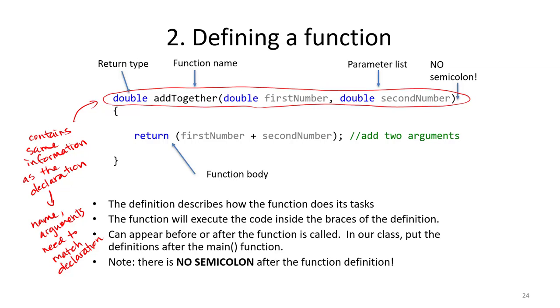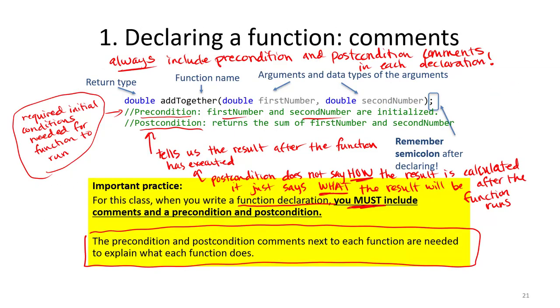So notice, since this is our definition for the add together function, we need to match what we had in our declaration. You'll notice the return type, the name, and the arguments all match. The difference is, in the declaration we have a semicolon.